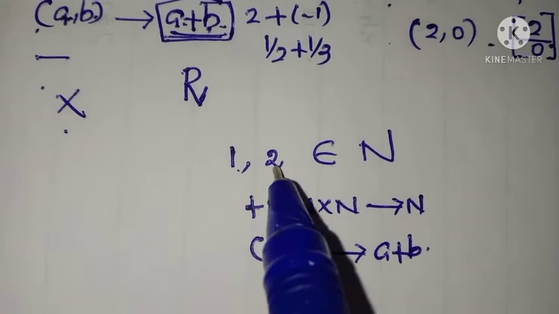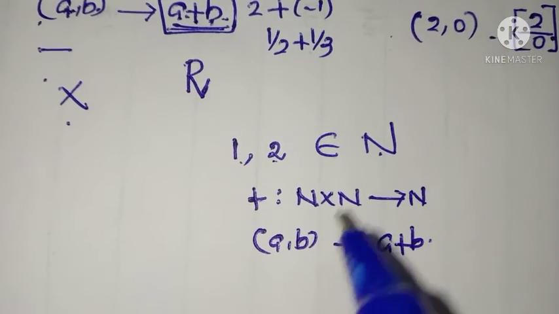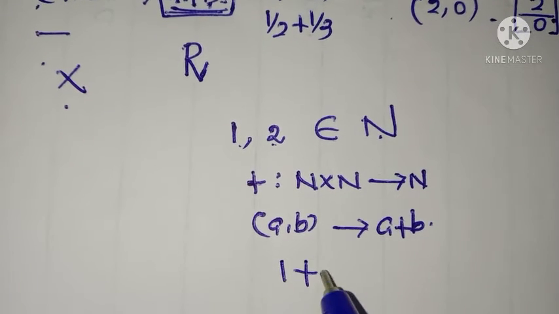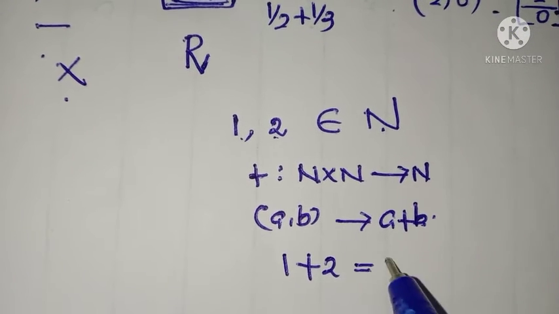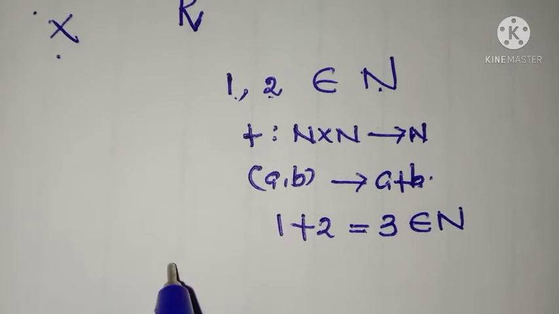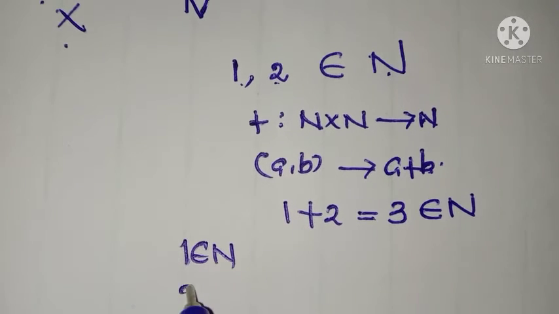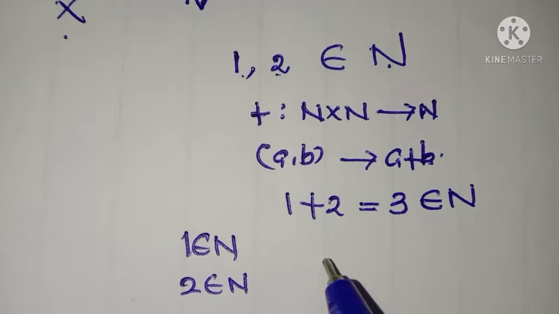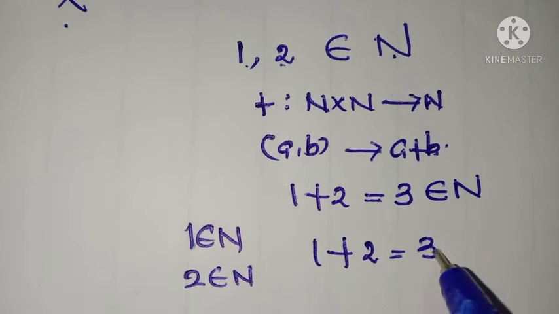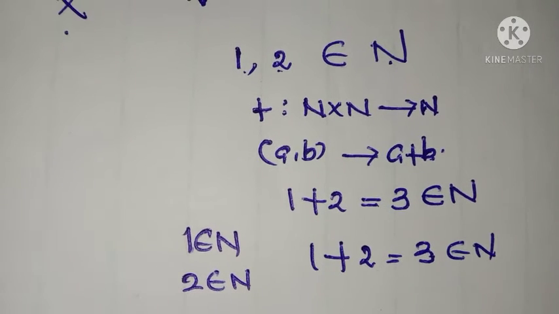So if we consider these two elements in the set of natural numbers, 1 plus 2 gives 3, which also belongs to the set N.